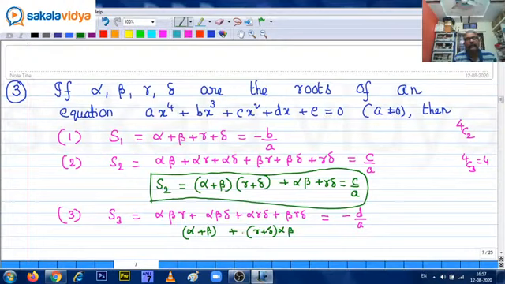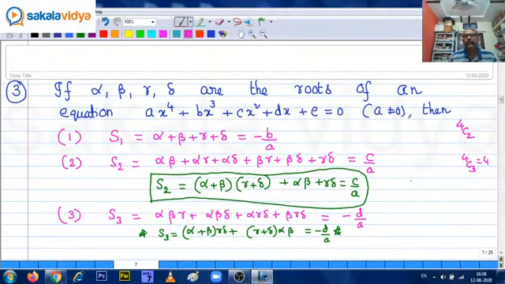Alpha beta multiplied by gamma delta equal to minus d by a. So S3 can be remembered like this also. So this we cannot remember easily, but easily we can remember: alpha plus beta into gamma delta plus gamma plus delta into alpha beta. If you expand it, you will get the same terms.